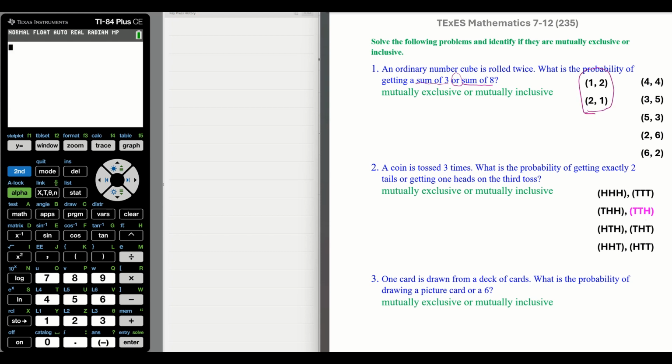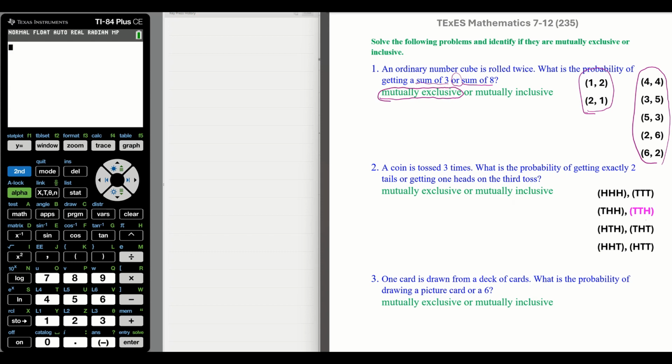First, we have one event where we have two sums of 3, another event where we're going to have five possible sums of 8. Because we have no overlapping or repetitious situation between our two events, this is going to be a mutually exclusive problem.